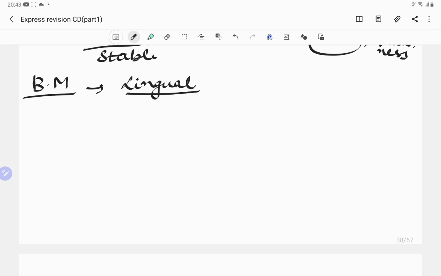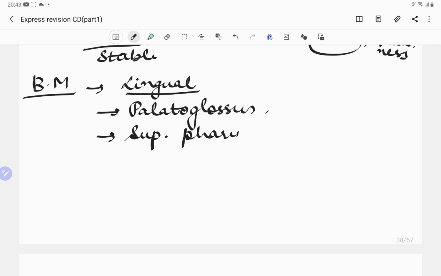If I write palatal, that will be obvious, then it is maxilla. For the lingual border of the mandibular impression, there are 4 muscles involved: the palatoglossus, superior pharyngeal constrictor, mylohyoid muscle.